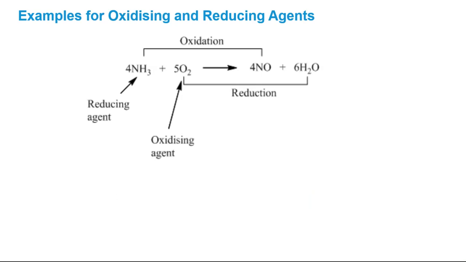Another example, ammonia reacts with oxygen to produce oxides of nitrogen and water. Here ammonia is the reducing agent and oxygen is the oxidizing agent. Oxygen helps ammonia in the oxidation process and ammonia helps to reduce oxygen to water.